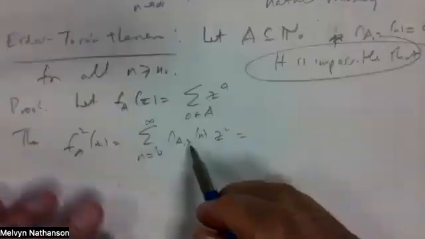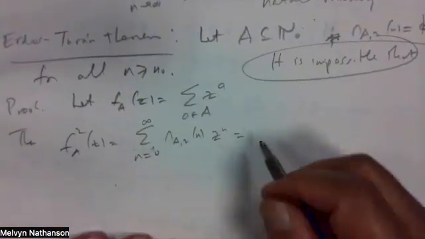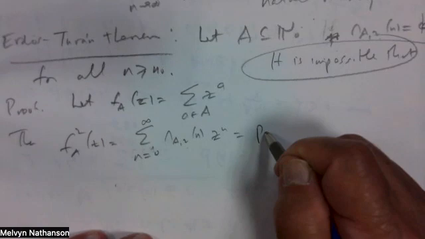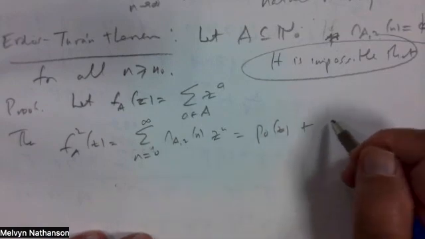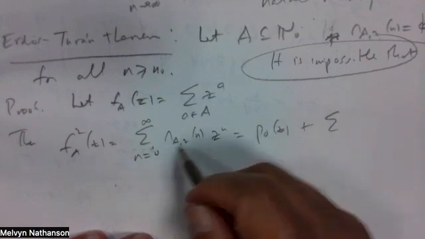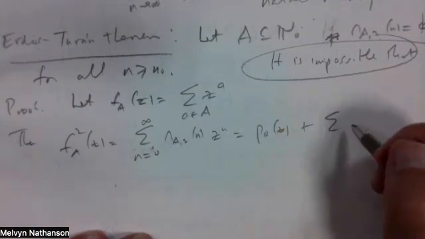But from some point on, this representation function is constant. So there's some polynomial P0 of z, the initial terms of the sequence, plus, from some point on, R_A2 of n is just equal to k.